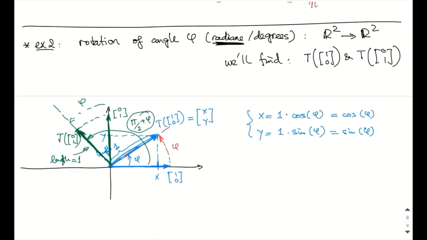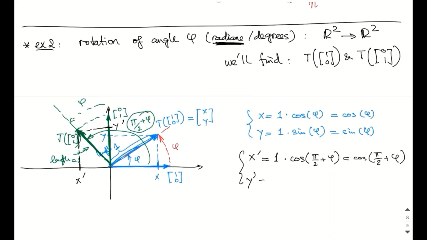And if you want to find the coordinates, x prime and y prime, then x prime is going to be the length, which is 1, times cosine of the angle. Now remember, the angle is the big one, which is pi over 2 plus phi, so cosine of pi over 2 plus phi. And y prime is 1 times sine of pi over 2 plus phi. You multiply by 1, so you actually just get sine of pi over 2 plus phi.